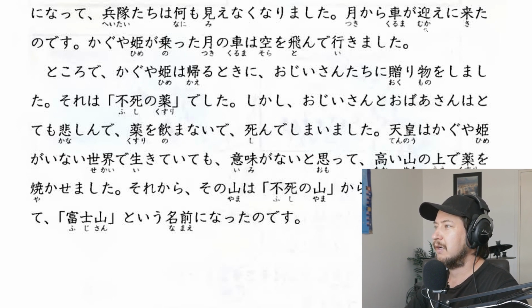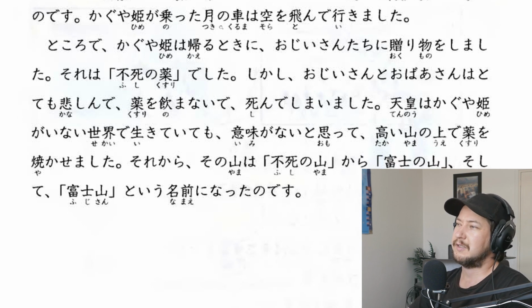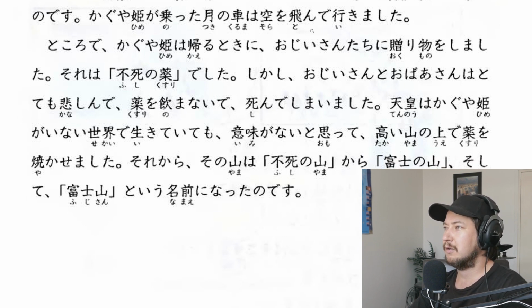月から車が迎えに来たのです。From the moon, 車 usually means car, but can mean a carriage of sorts. And 迎えに来ました。So basically, some kind of carriage came from the moon. かぐや姫が乗った月の車は空を飛んでいきました。So Princess Kaguya, what did she do?